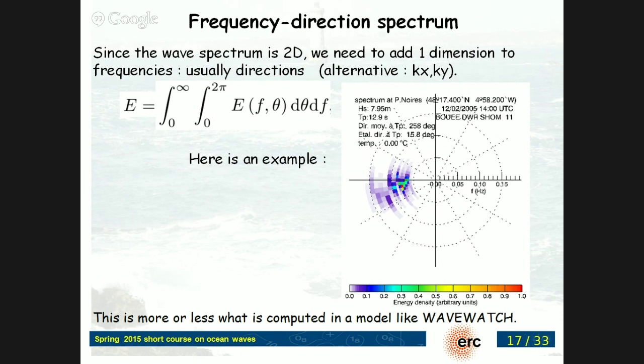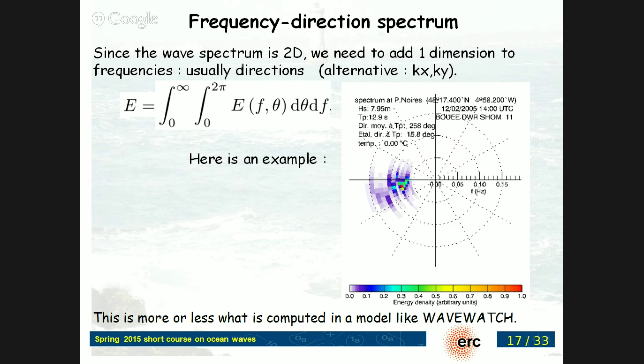And we can define the distribution of the wave energy as a function of frequency and direction. And this is normalized properly. So when you sum over all directions from 0 to 2 pi, and then also over all frequencies from 0 to infinity, you recover the total energy, or rather the variance of elevation.